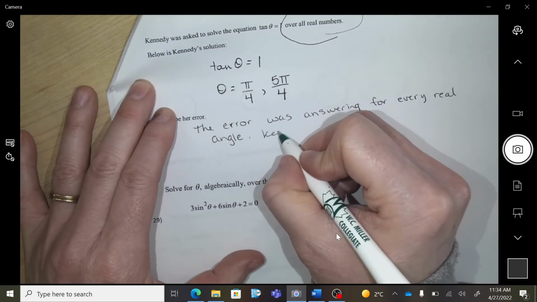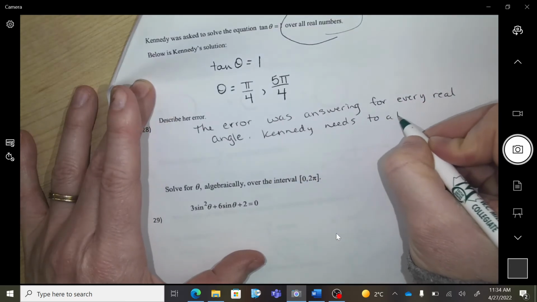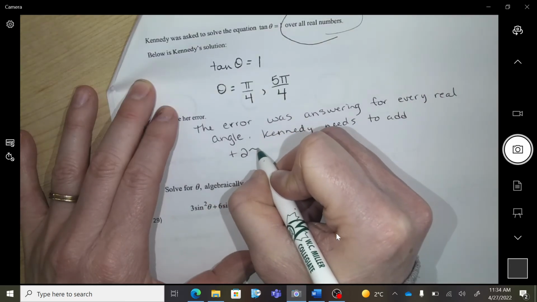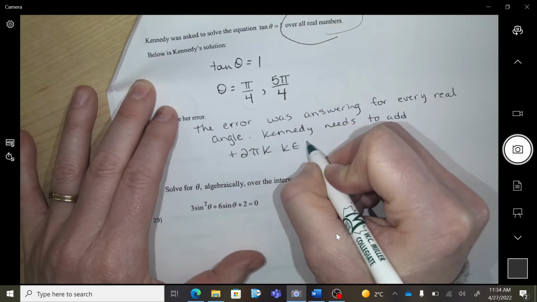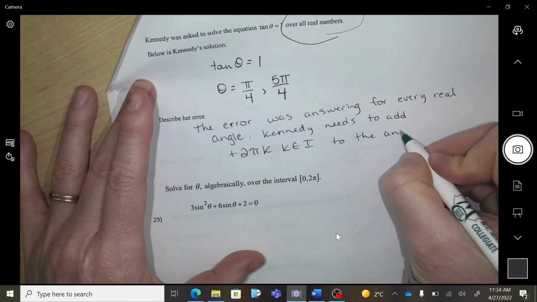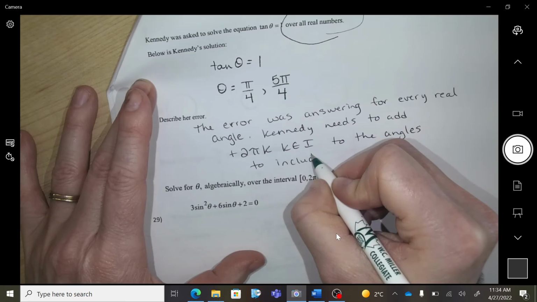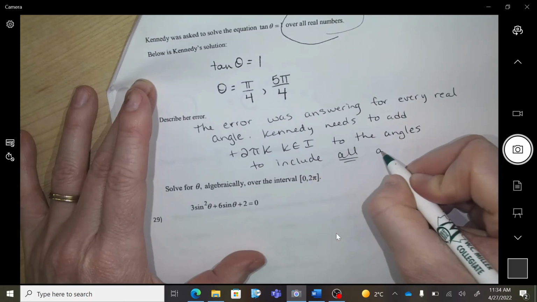So Kennedy needs to add plus 2 pi k, k is any integer, to the angles to include all the answers.